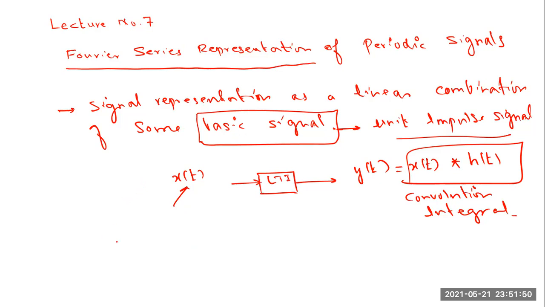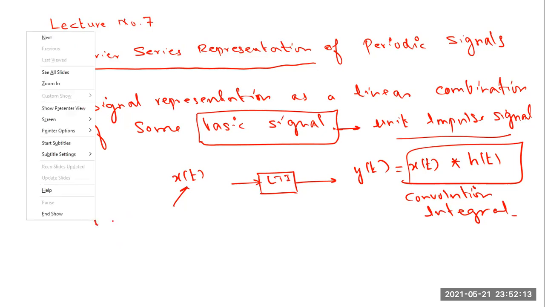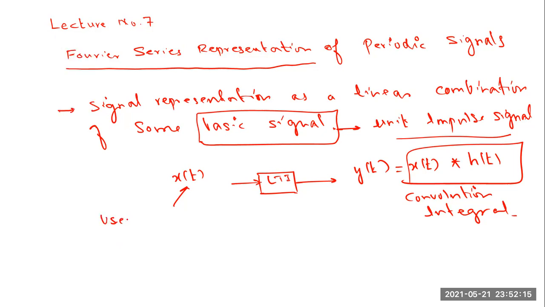So whenever you select any basic signal, you try to use that signal which has some useful properties. So the two properties that we always look for in basic signals: useful properties of basic signals.